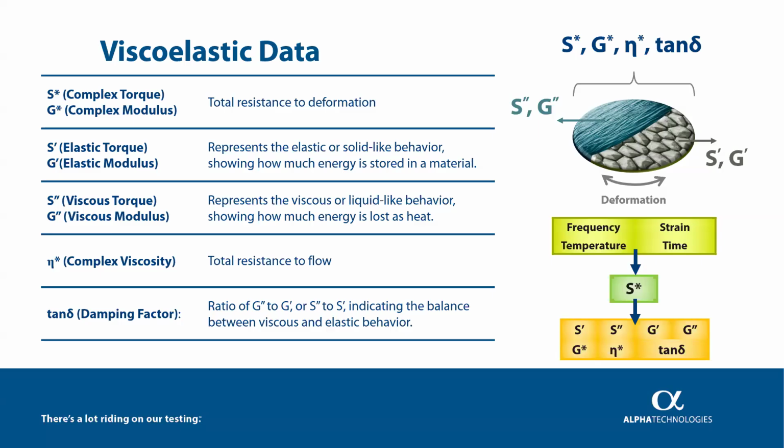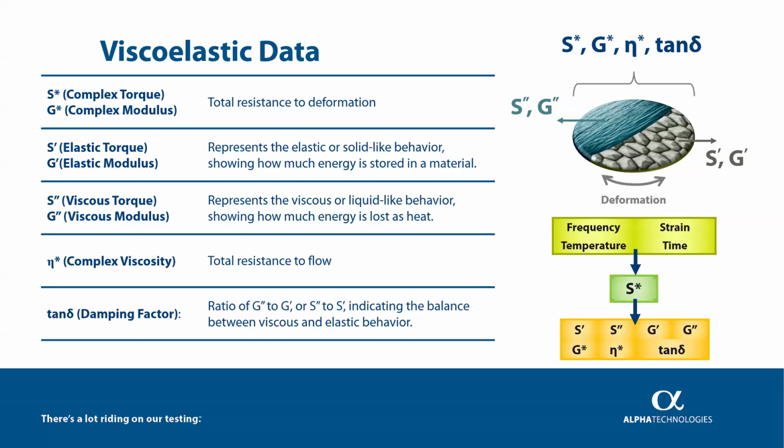Then there is S double prime, viscous torque, or G double prime, loss modulus, which represents the viscous or liquid-like behavior. Moving on to eta star, which is complex viscosity, this tells us the total resistance to flow. It gives us a sense of the material's thickness or stickiness under an applied force.